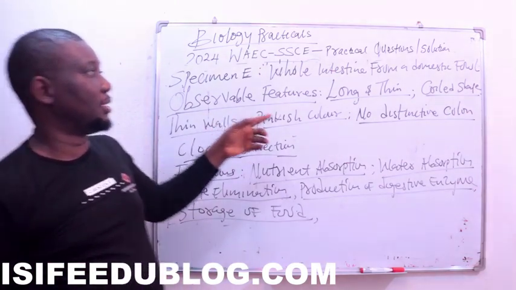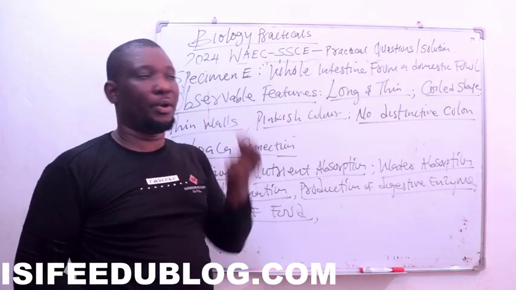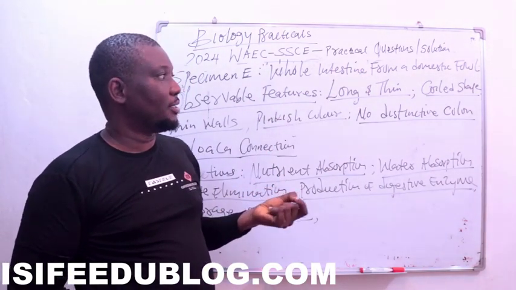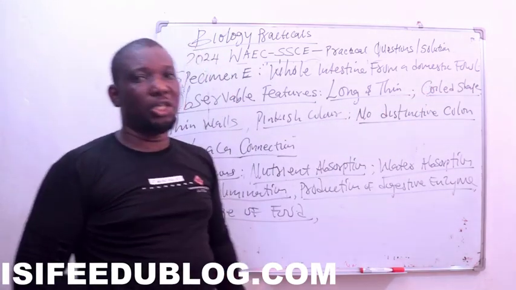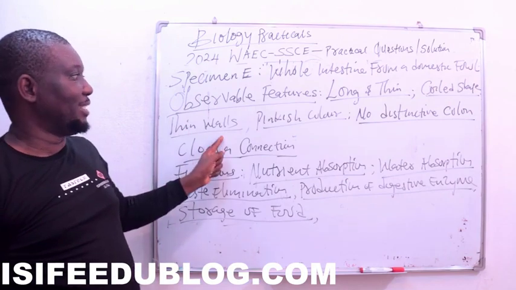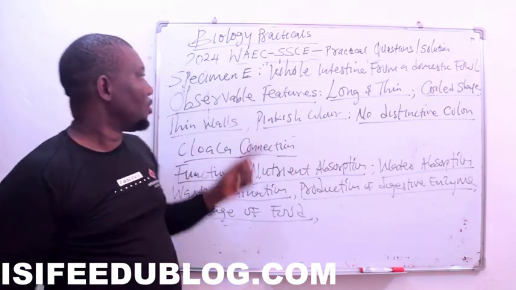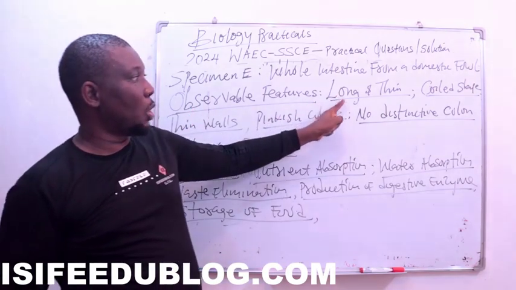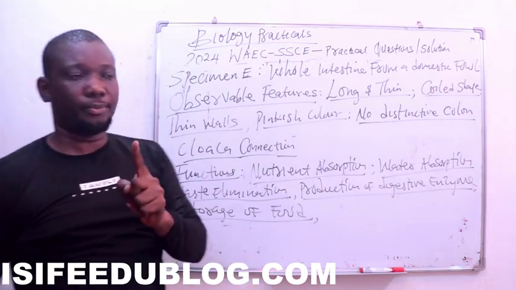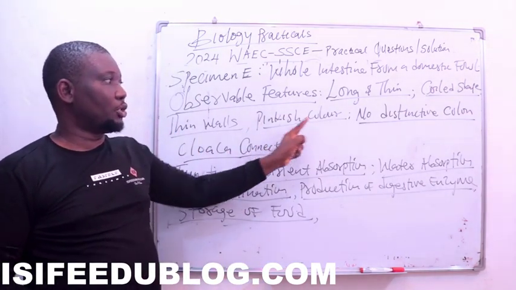You find that the intestine of the fowl is long and thin, very thin, and also coiled in shape. The walls are thin, and also pinkish. So, observable features: one, long and thin; two, coiled shape; three, thin walls; and pinkish color.